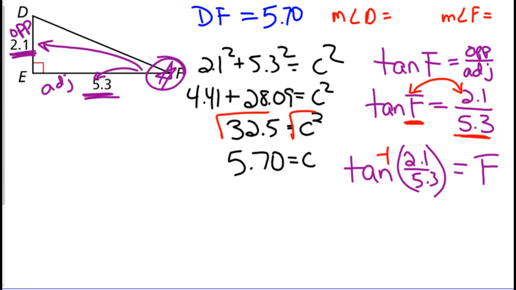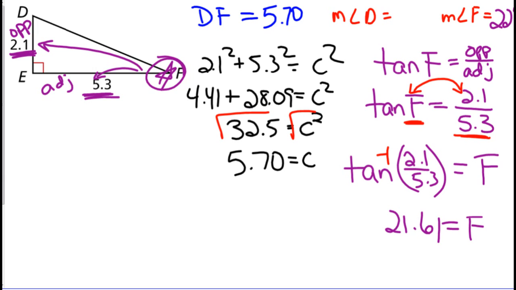And you do 2.1 divided by 5.3, and you hit enter. When you do that, you're going to get 21.61477894. I'm just giving you all that stuff so you can kind of verify that that's what you get. Now remember, we are going to round our angle measures to the nearest degree. So instead of 21.6 degrees, the measure of angle F is going to be 22 degrees.